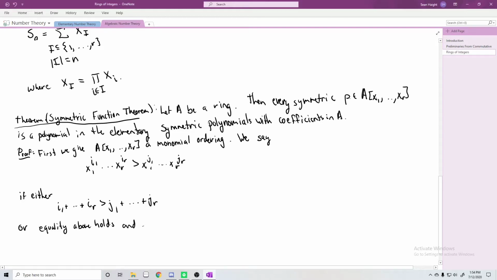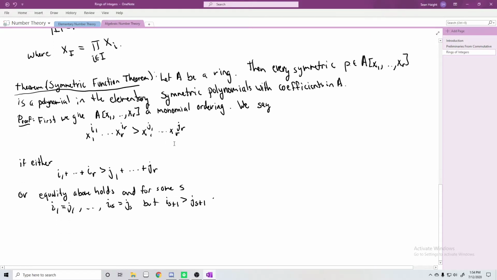And for some s, i1 equals j1, through is equals js, but i sub s plus 1 is greater than j sub s plus 1. So essentially this says, first compare the total degrees. If the total degrees are the same, then just go down the line, and the first time you hit one that's different, the bigger one determines the bigger monomial. Okay.